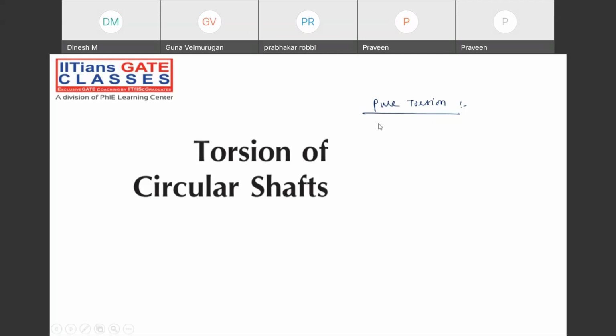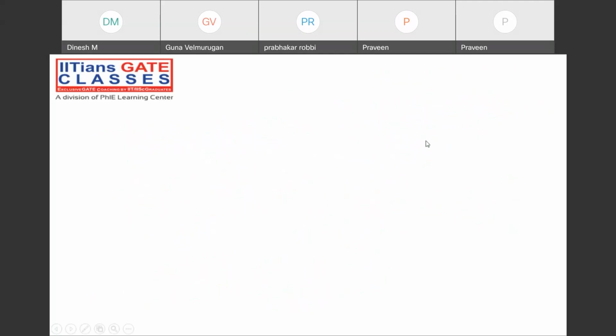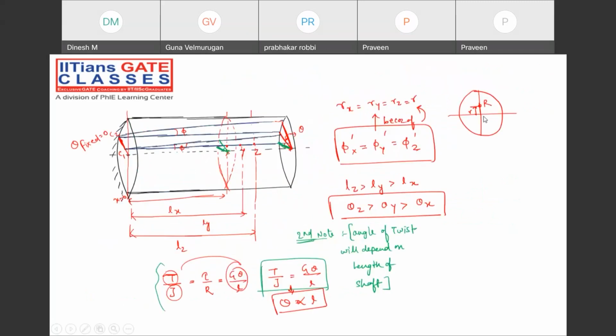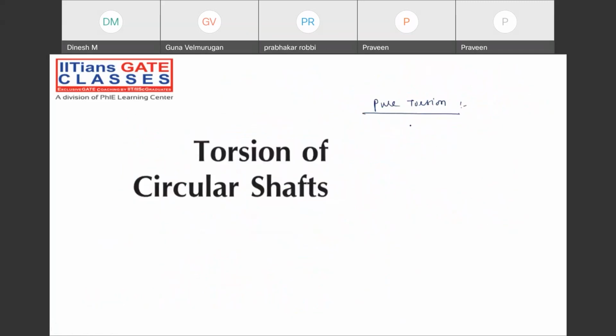Now, see guys, just wait. Pure torsion means axial load, shear force and bending moment will all be zero. Let me write it there itself. The twisting moment diagram will look something like this, either positive or negative, we don't know. Are you all understanding pure torsion?